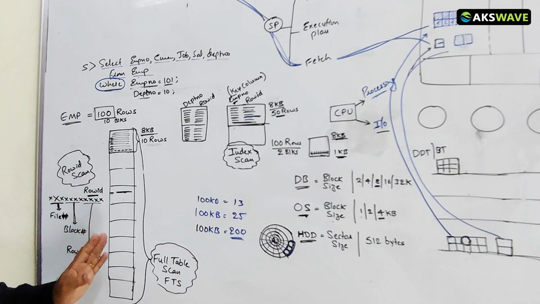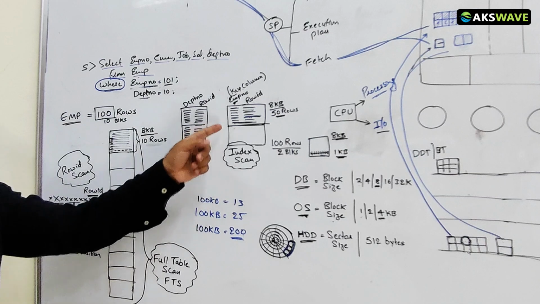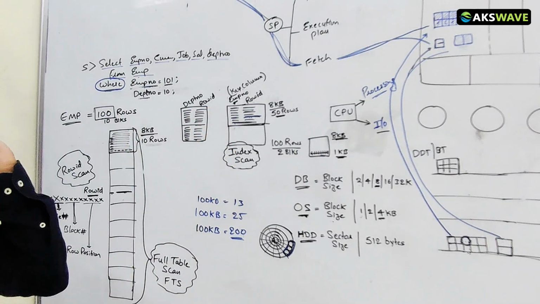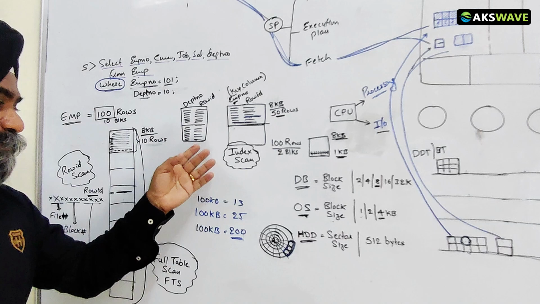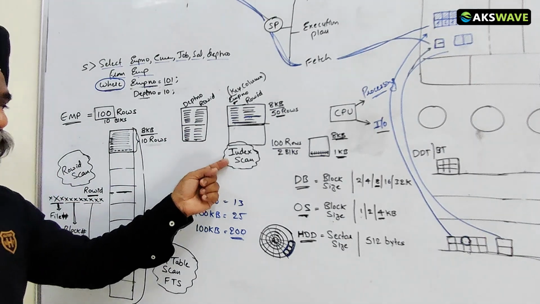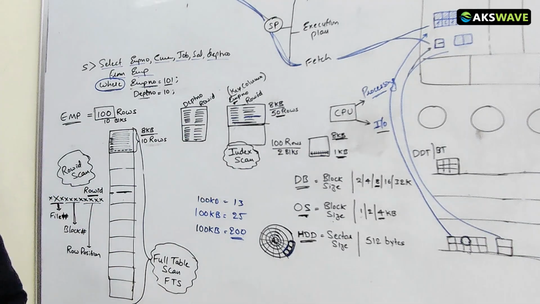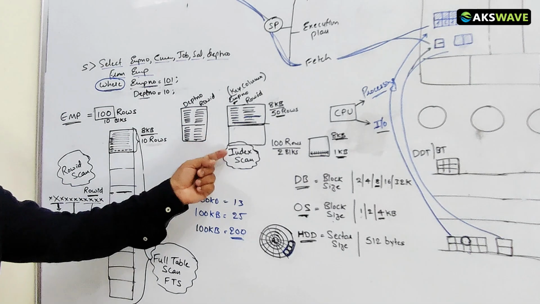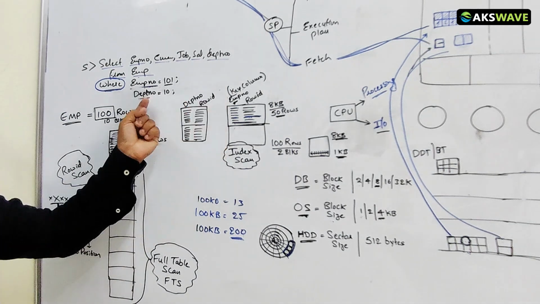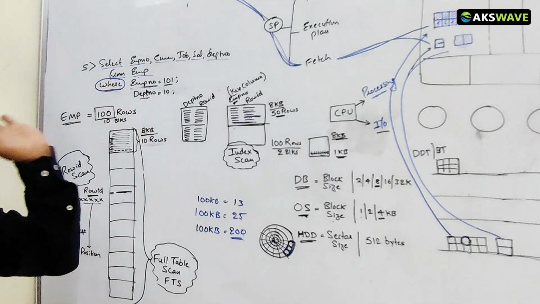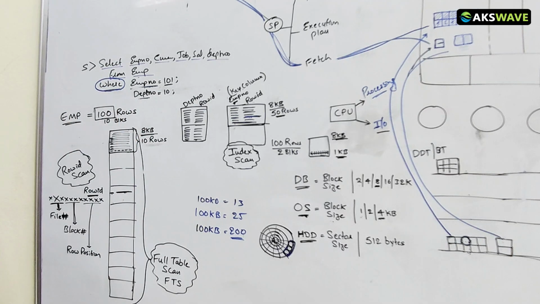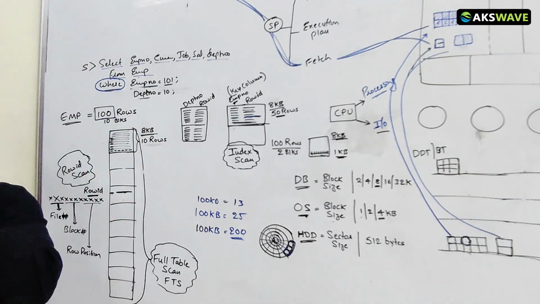I can avoid that by having indexes. And using indexes, getting your data from the table is called an index scan. An index must be created on the column which is used in the where conditions. Done? Now, for you guys, a small question.